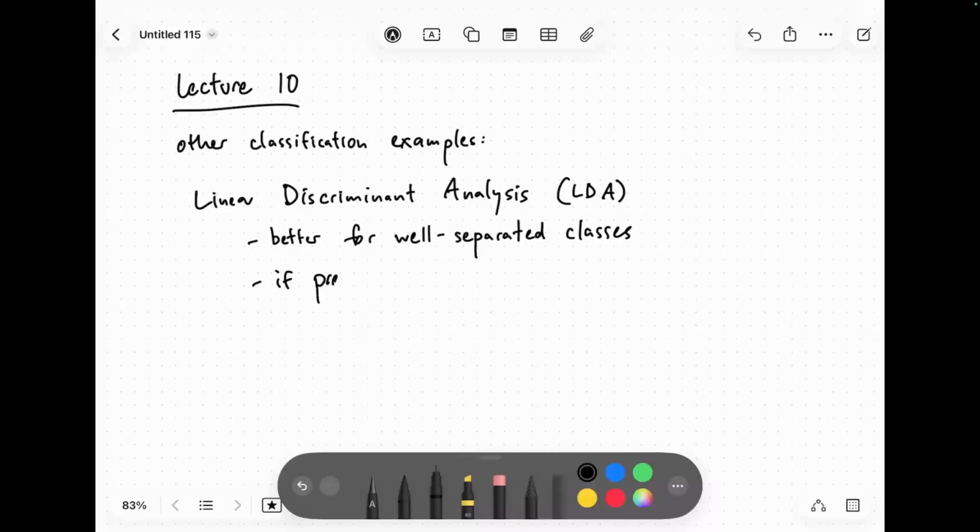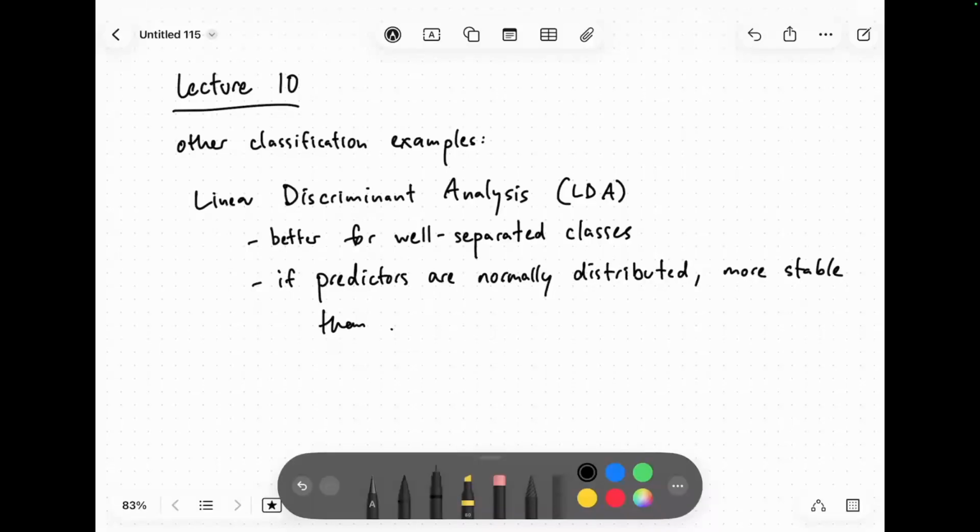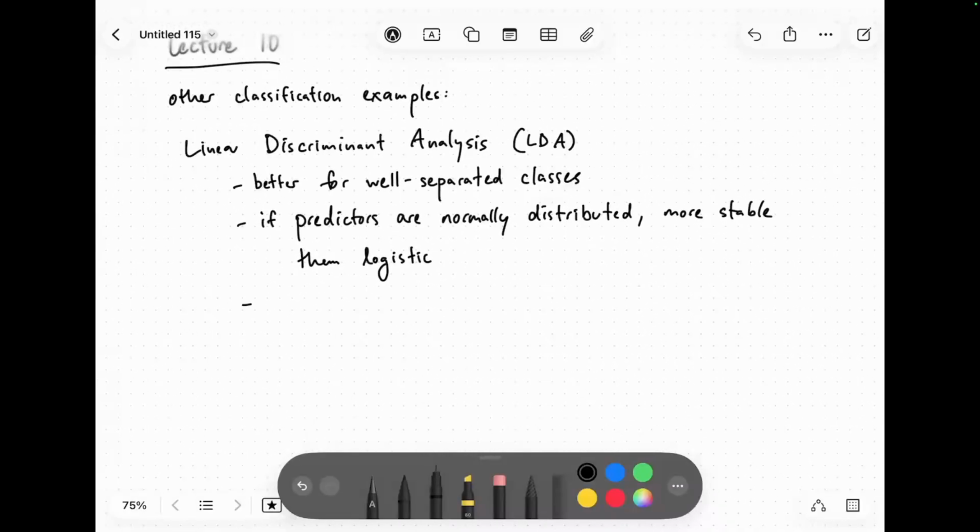If your predictors are normally distributed, this will be more stable than a logistic regression. And oftentimes this is a popular option with more than two response classes.